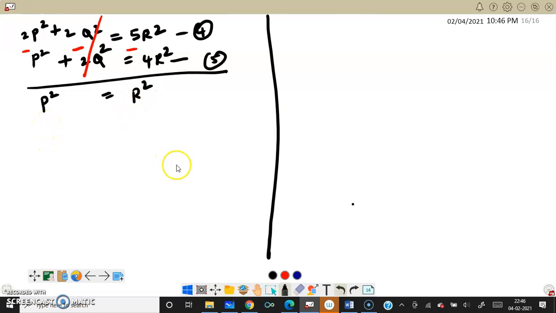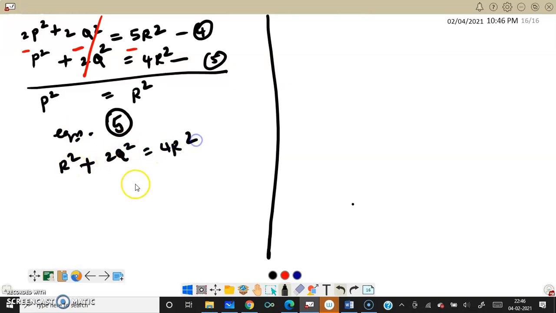If you substitute p square equal to r square in equation 4 or equation 5, what you will get? In place of p square I am writing r square in equation 5. So r square plus 2q square equal to 4r square.